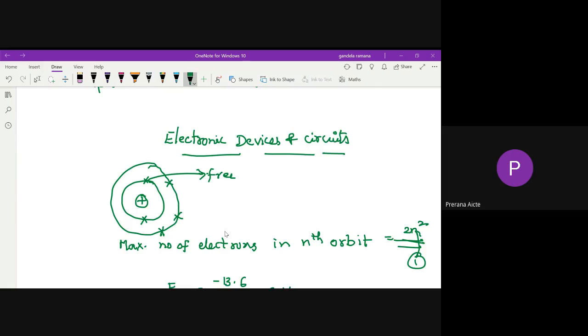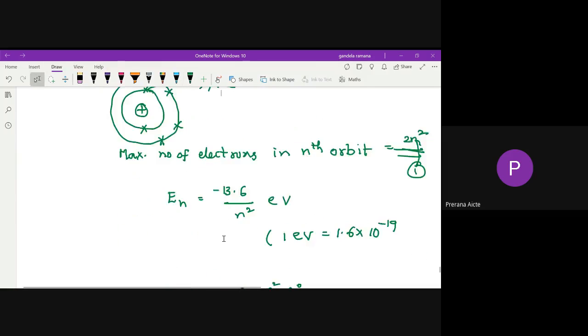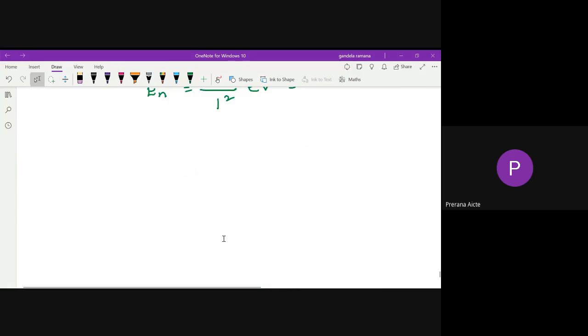Forbidden gap means prohibited, not allowed. So the electron will not stay between the valency band and conduction band. It will stay in the valency band or in the conduction band, either as a bounded electron or a free electron, not in between.